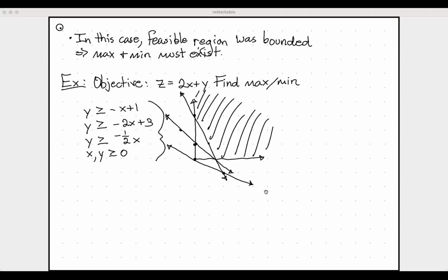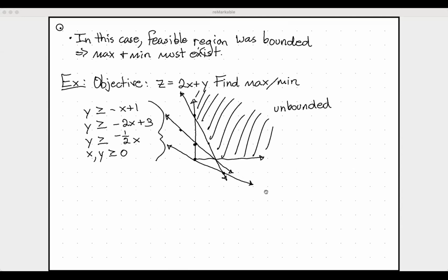But basically, this is the feasible region, right? Everything above these lines is the feasible region. And you should intuitively see that this is unbounded. It's unbounded because there's no upper limit on what is in the feasible region, right? I can go as far up and to the right as I want to go, and I'm never going to run out of feasible region.